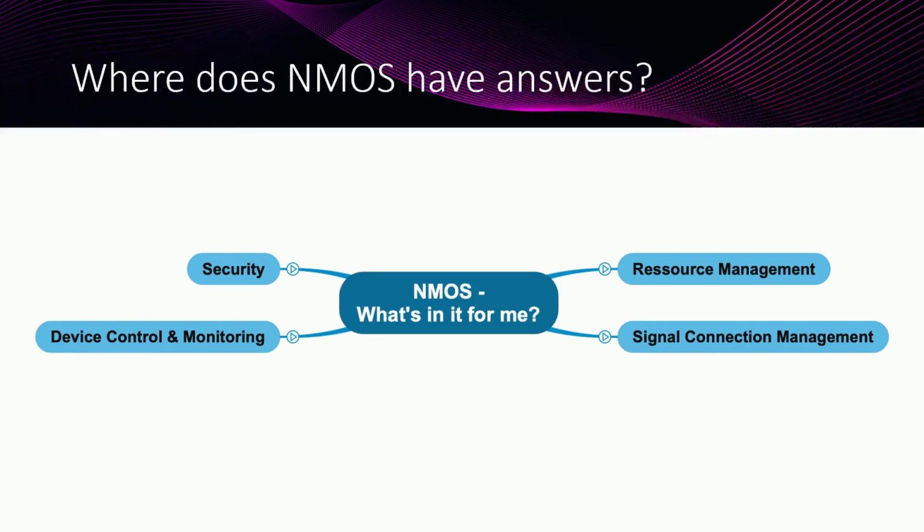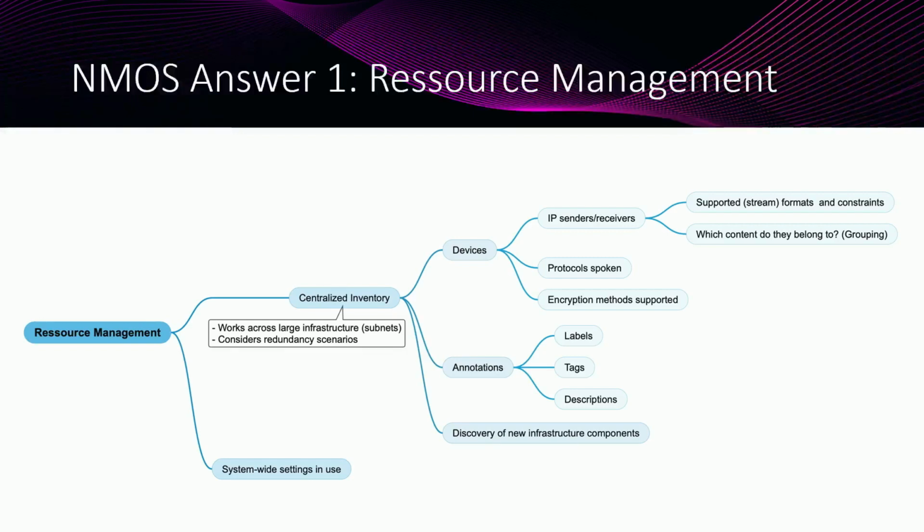So let me look at resource management first of all. What does NMOS specify in terms of managing your resources? You're looking basically at your network with all the connected devices. Now, again, I want to stay with that mind map kind of illustration here. First of all, NMOS describes a central inventory system, more or less.